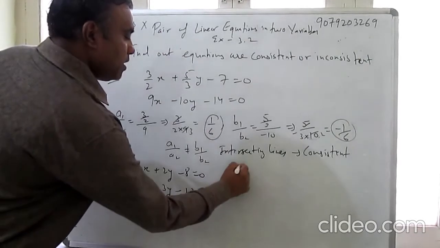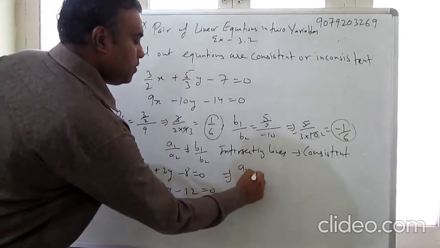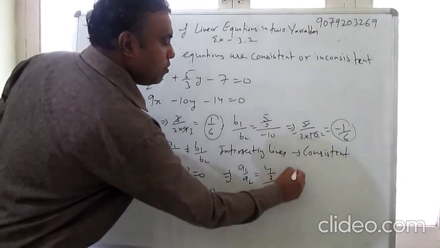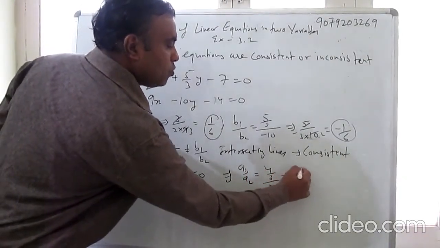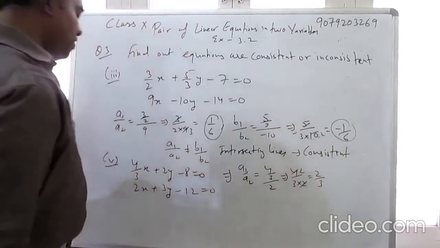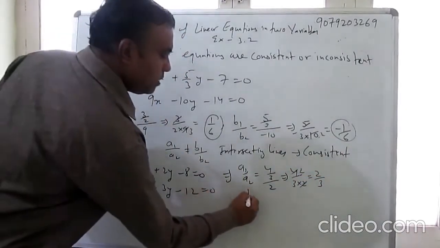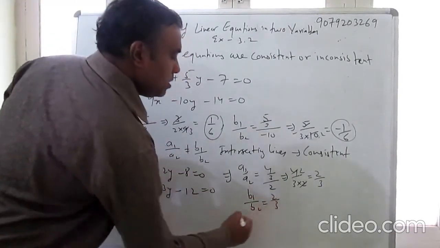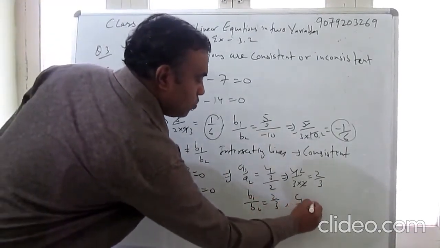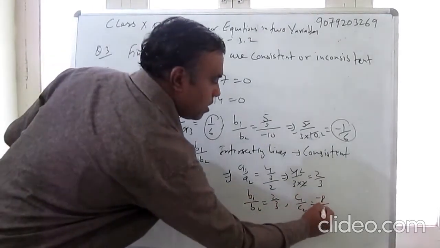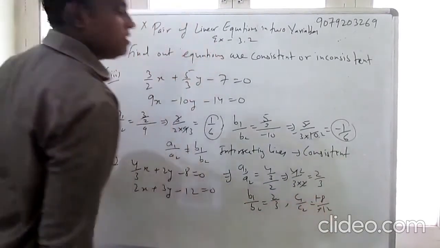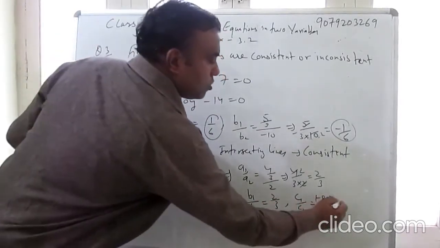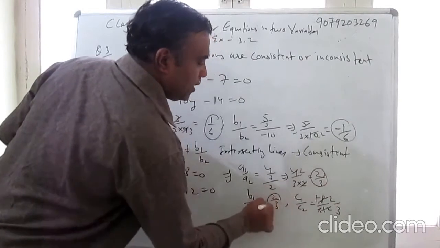So a1 upon a2, 4 upon 3 upon 2, it means 4 upon 3 into 2, cancel, 2 by 3. a1 upon a2 is 2 by 3. b1 upon b2 is also 2 by 3. c1 upon c2 is minus 8 upon minus 12. Minus minus cancel out, cut by 4, 4 twos are 8, 2. So all are 2 by 3, 2 by 3.